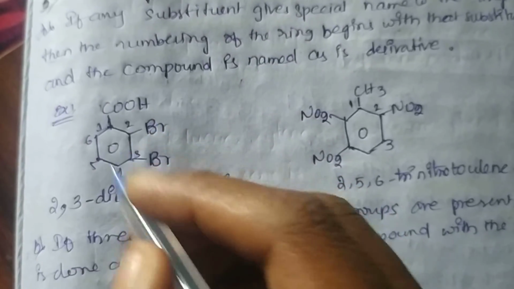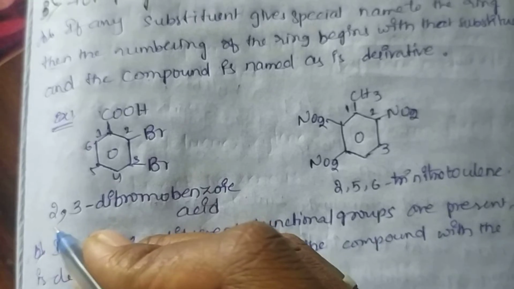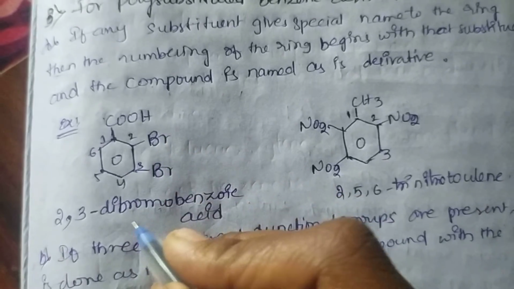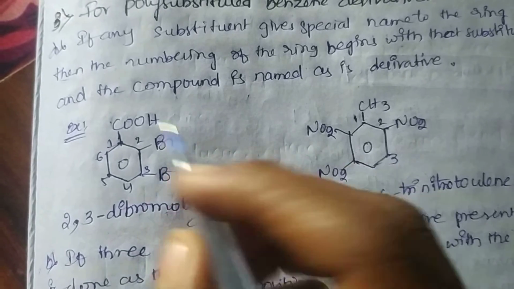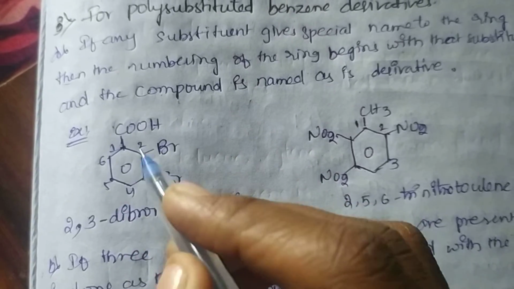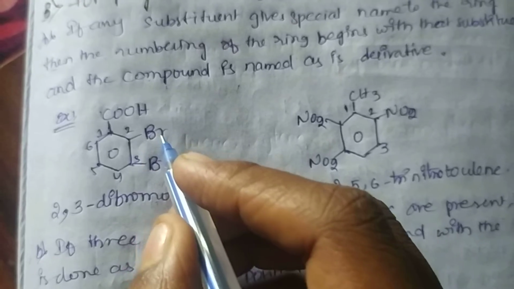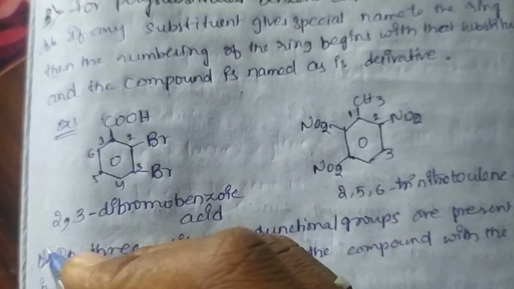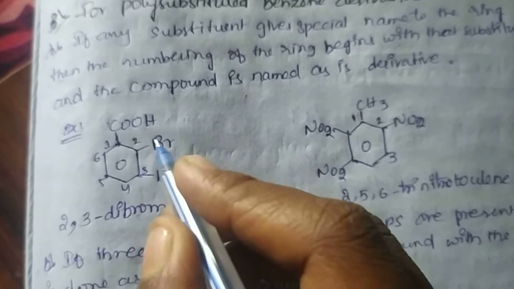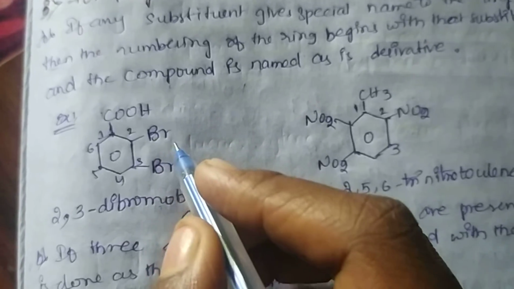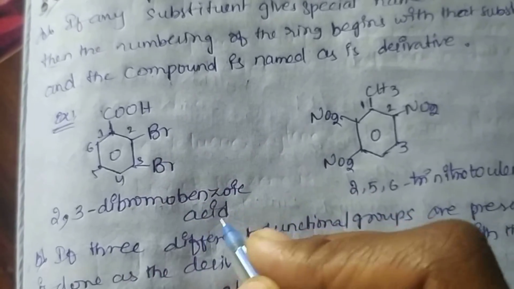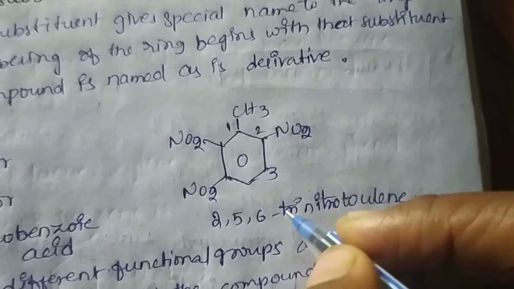So here consider the ring, 2,3-dibromobenzoic acid. The main ring is benzoic acid. First write its name, benzoic acid. 2,3 numbering, and next, how many bromine groups are there? 2. So dibromobenzoic acid.